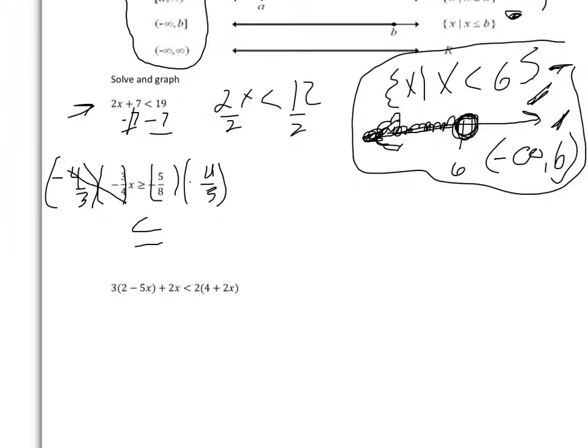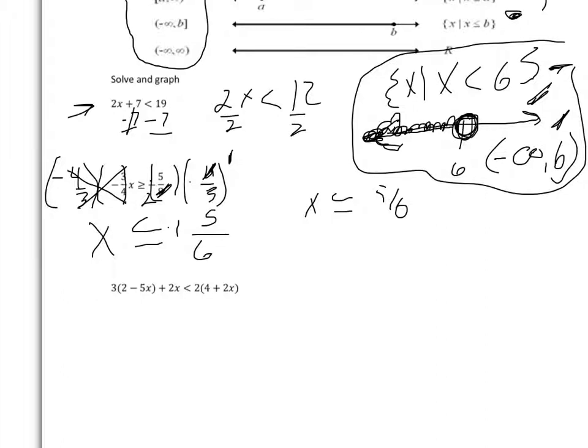Now, the negative 4's cancel, the 3's cancel, so we get x. Over here, negative times negative is a positive, so I'm just going to put a little positive sign there so I don't mess up my signs. Then we can cancel the 4 in there, leaving us with a 2, and cancel the 4 in there, leaving us with a 1. 5 times 1 is 5, over 2 times 3 is 6. So what we have is x is less than or equal to 5/6.